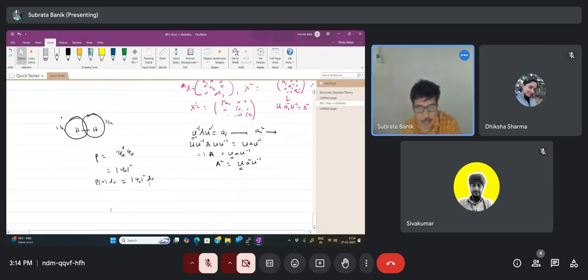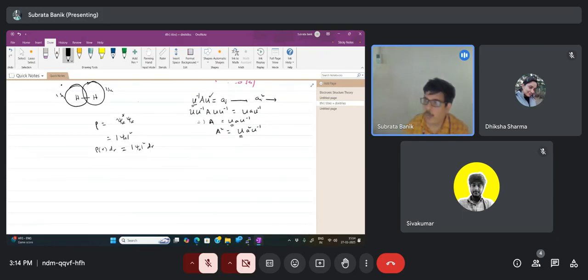Now, if you want the total electron density, how much should it be? I should integrate small rho of r dr. How many electrons are there? How many orbitals will there be?